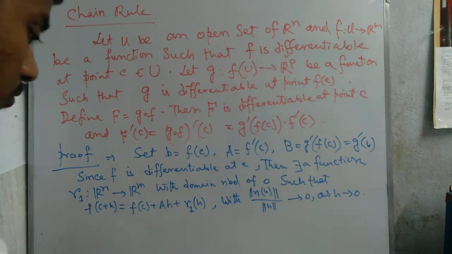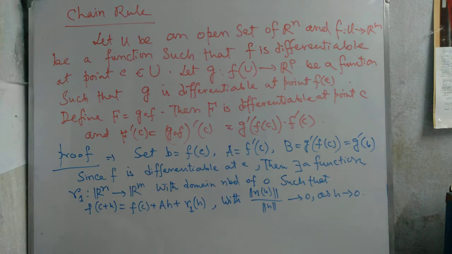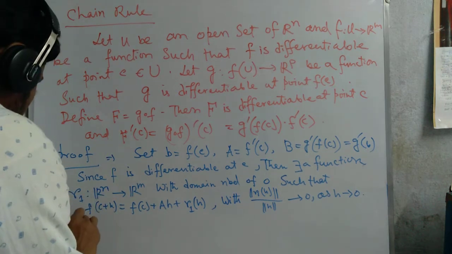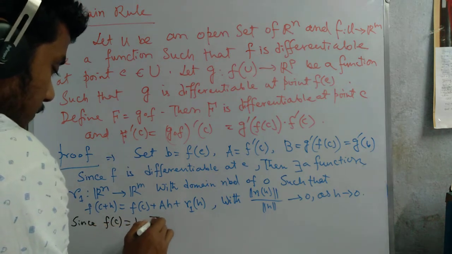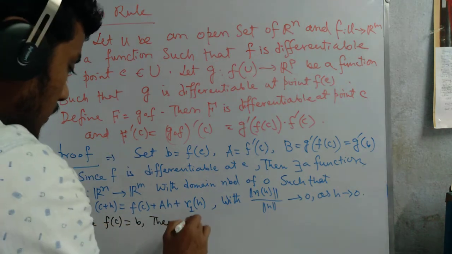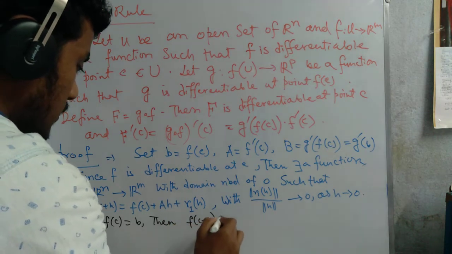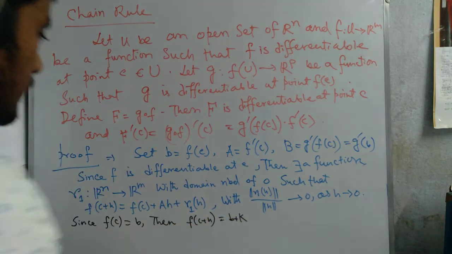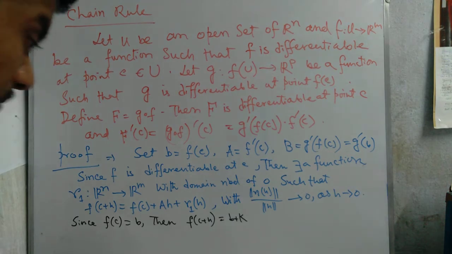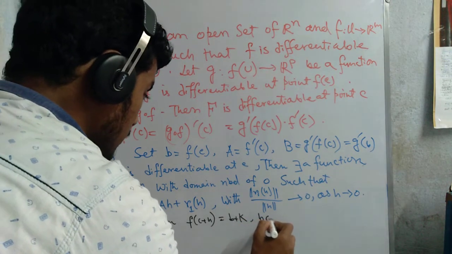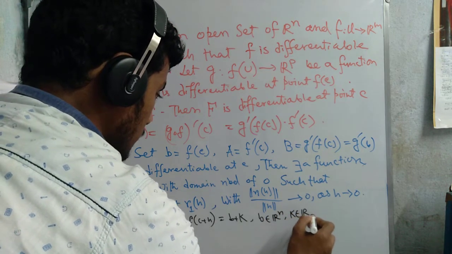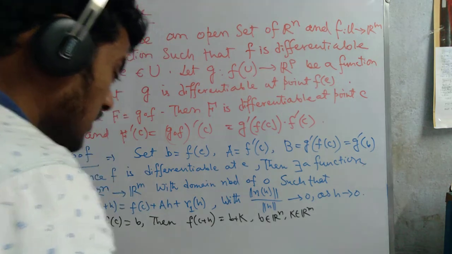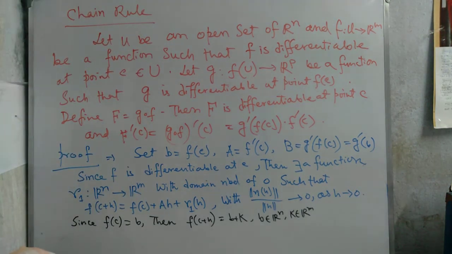Now we set, since f(c) equals b, f(c+h) equals b plus k, for some b belonging to R^n and k belonging to R^m.